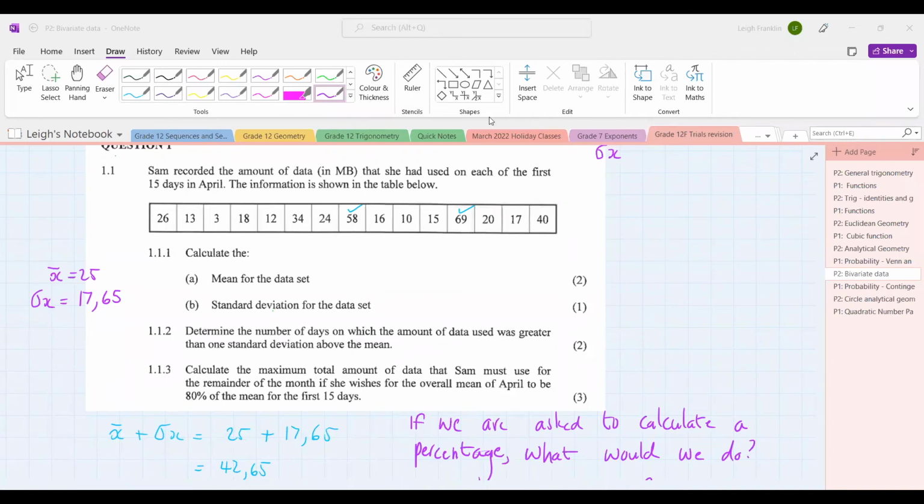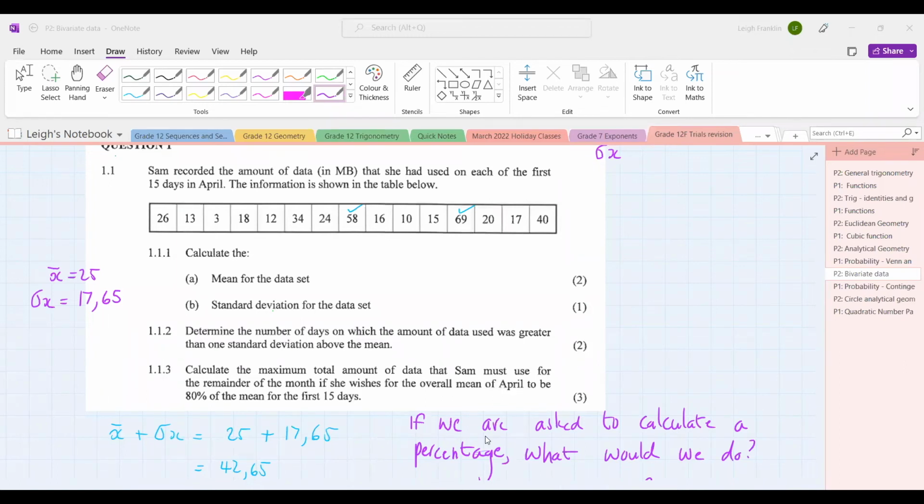Okay, now let's have a look at the next question. They want us to calculate the maximum total amount of data that Sam must use for the remainder of the month if she wishes for the overall mean of April to be 80% of the mean of the first 15 days.